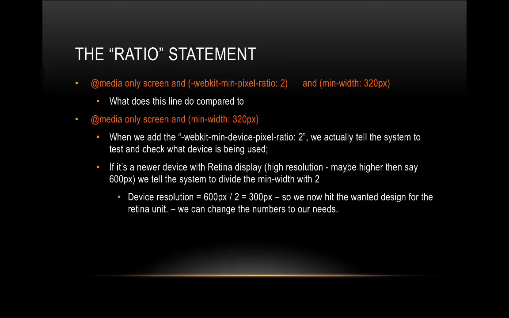But the calculation is at the bottom here, where it says the design resolution equals 600 pixels divided by 2 equals 300. And again, if we just put in a 3, it would be 200 instead. So it's easier for us to target these newer phones, maybe not better, but newer, with a higher resolution and a higher retina screen, to be able to create a mobile view for them.